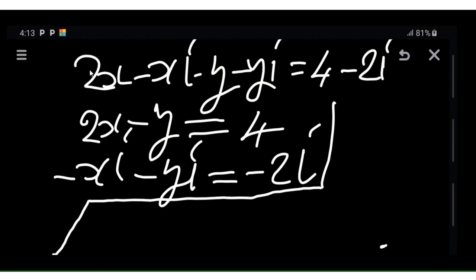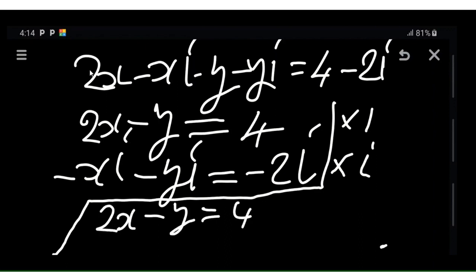So from here, I'll multiply top here by 1, and down here to get rid of i imaginary, I will multiply by i imaginary number. So when I do that, I'm having 2x minus y is equal to 4, and here I'm having x plus y is equal to 2.